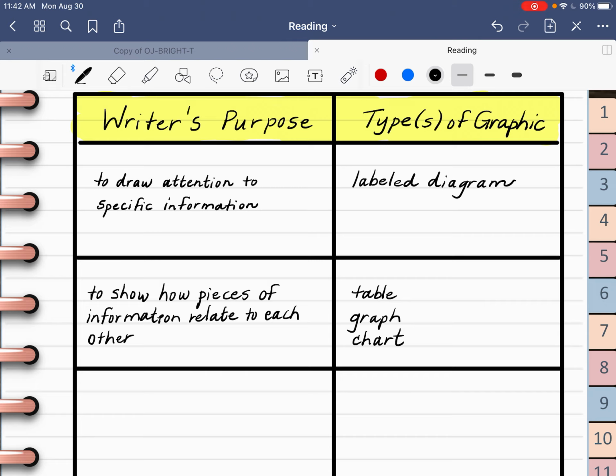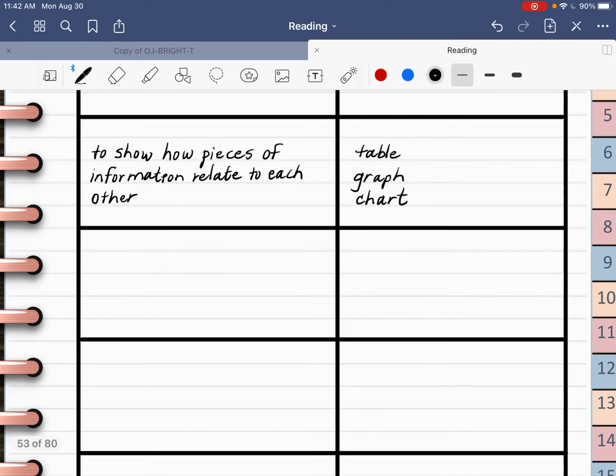If you look at the bottom of page 18, that is a bar graph. And that shows how pieces of information relate to each other. This would be to compare and contrast.